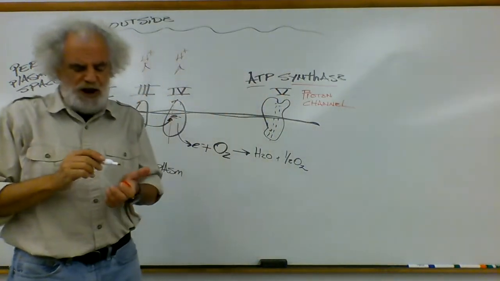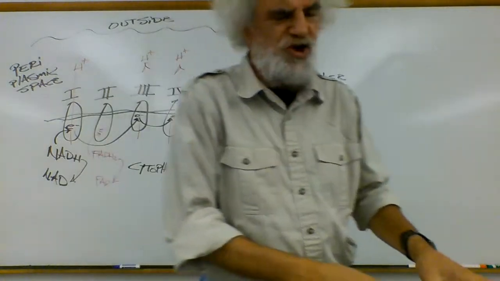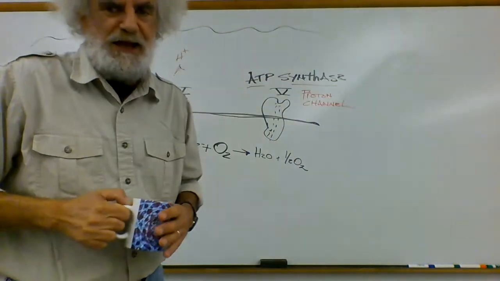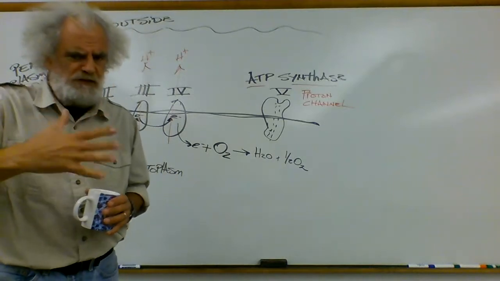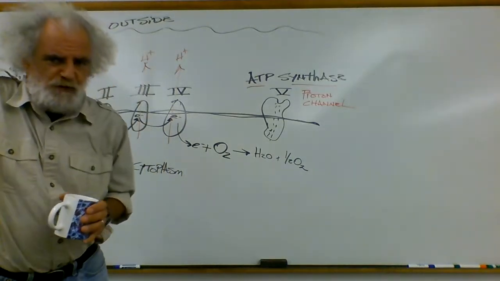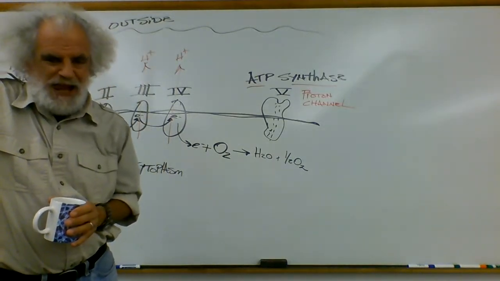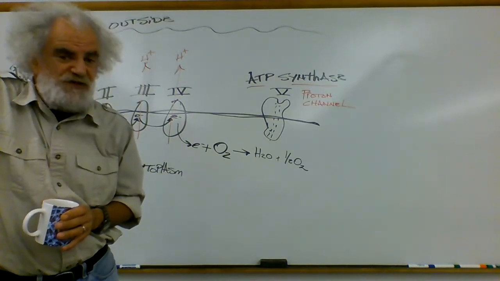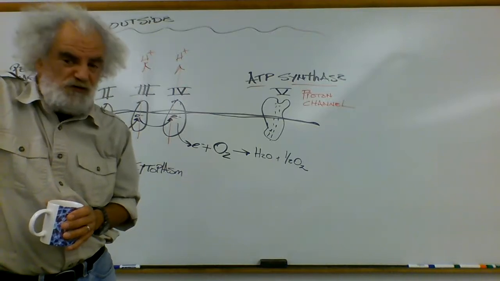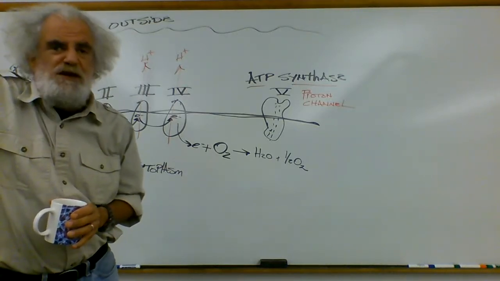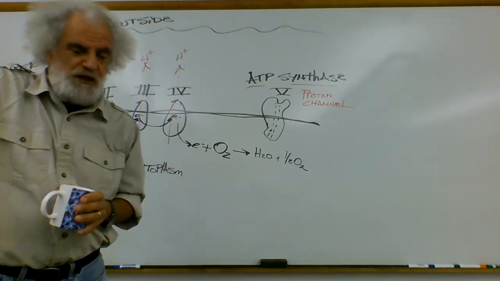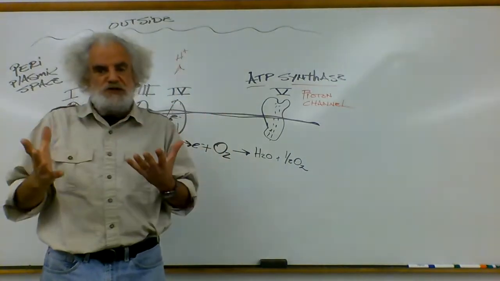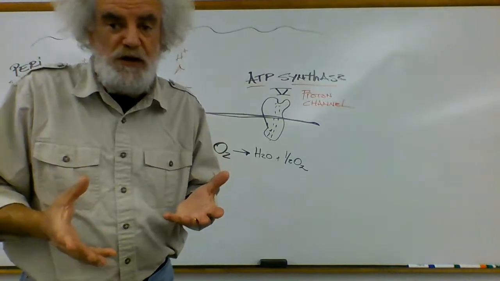Now, just as a little point, we can interchangeably use the terms hydrogen ion and proton. It used to bug me, like, how can you say that? Remember, we talked a little bit about elements, and that an isotope is an element that doesn't have the same number of neutrons as it does protons. The most common form of hydrogen on the planet is what I would consider an isotope.